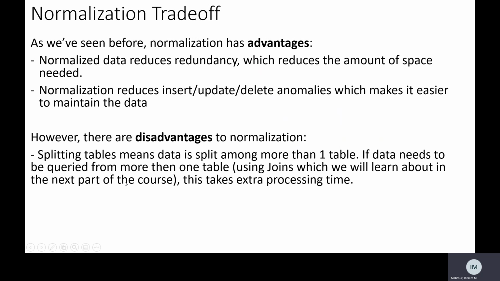Their major takes me to another table that talks about the credits and what they have. And so I have now the data stored in multiple tables. So splitting tables means the data is not all in one table. It is stored now in more than one table, and queries might be a little bit more complicated to do. Now we're going to learn how to grab data from multiple tables in the next part of this course.